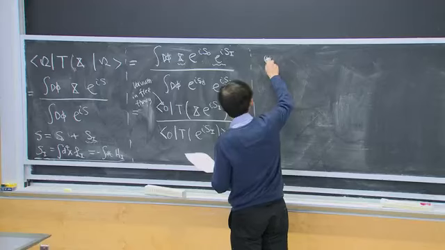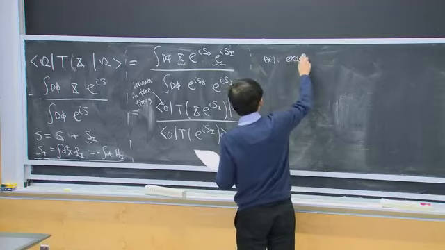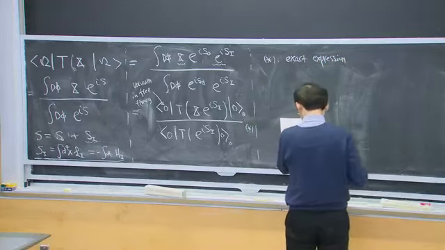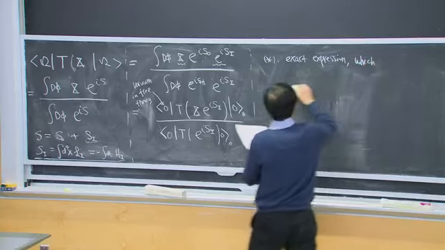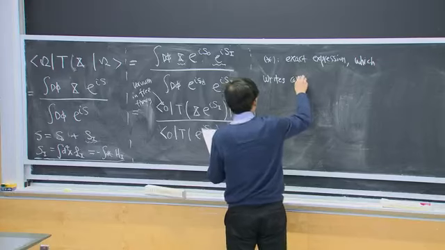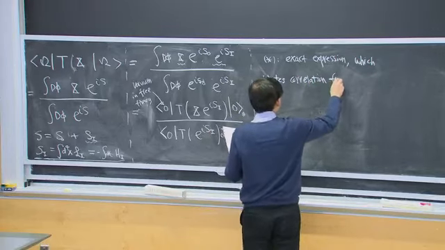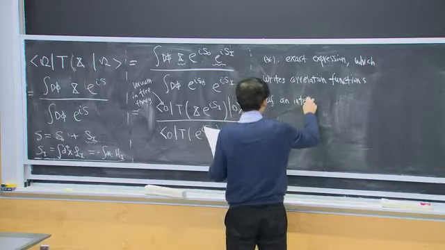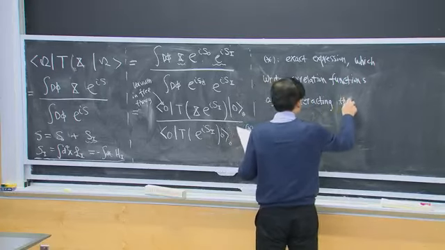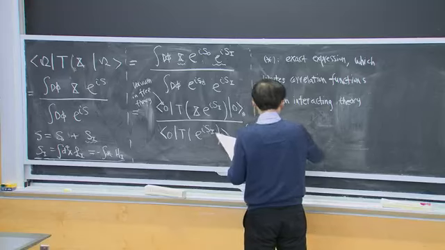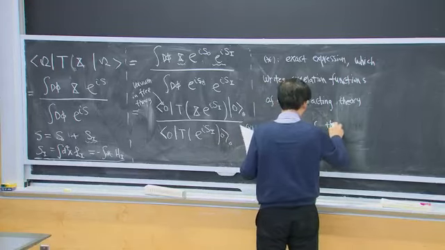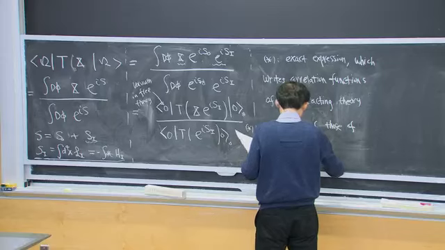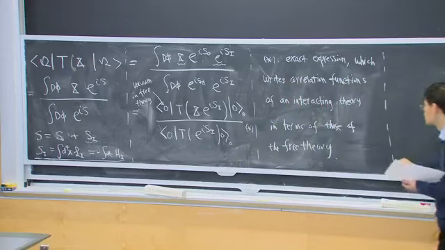This star is the exact expression, which writes the correlation function of an interacting theory in terms of lots of free theory ones.